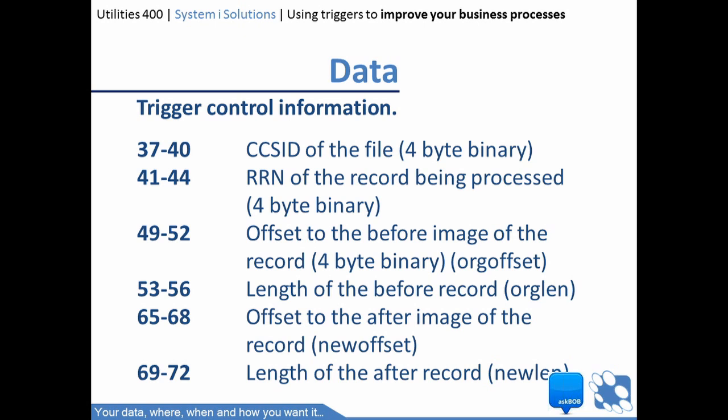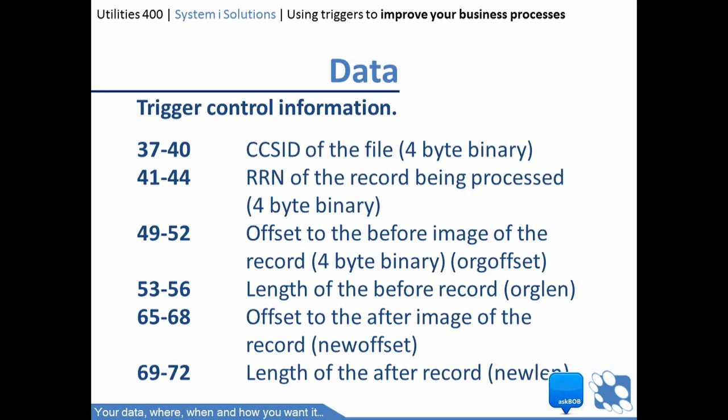Okay, you get some more information there. After that, the CCS ID of the file may be relevant if you've got multi-language applications. It'll also give you the relative record number of the file that's been processed, which can be handy to get back to the data if you want to. But the next 4 fields are the most interesting ones of the lot. This gives you a 4-byte binary field, the first one, that tells you whereabouts in that string the before image of the record, before the record was updated, starts.